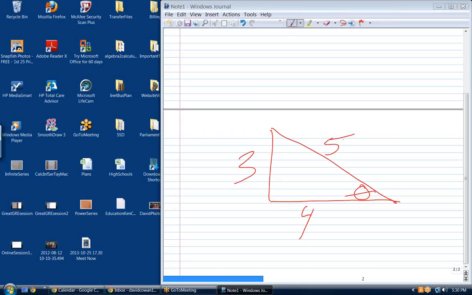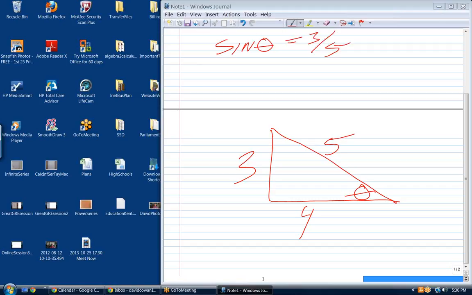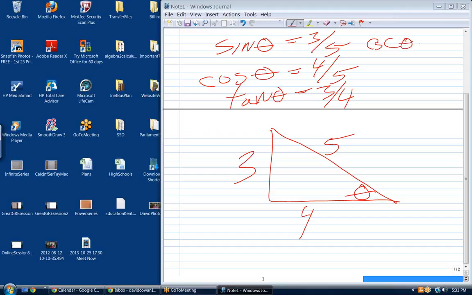What is the sine of theta? 3/5. The cosine of theta? 4/5. And the tangent of theta? 3/4. And the cosecant of theta?